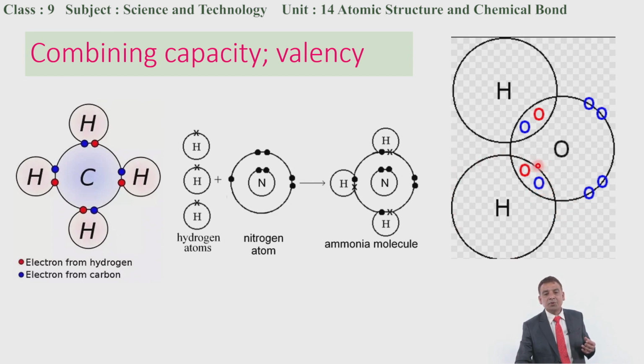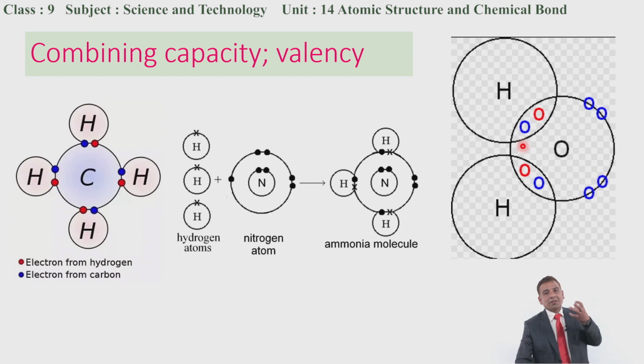So if you see this structure of hydrogen, inside it you will find altogether 2 electrons. That means this hydrogen has acquired the duplet state, and this hydrogen also has acquired the duplet state, and oxygen is acquiring the octet state. So this molecule is being formed by sharing the electrons.